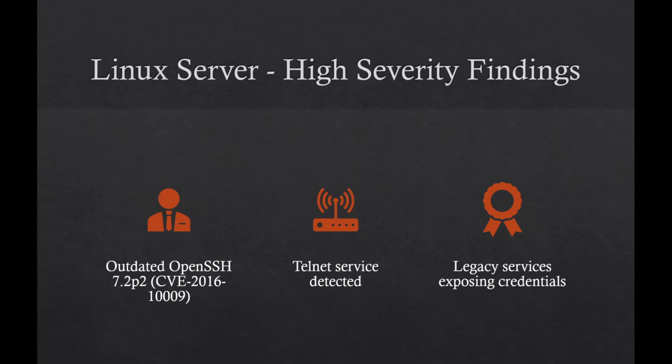More concerning was that the telnet service was still active, which transmits usernames and passwords in plain text. Leaving telnet open is basically like inviting attackers to capture credentials and pivot into deeper parts of the system. So not a good idea. These insecure configurations made the Linux server highly vulnerable to man-in-the-middle attacks and unauthorized access.